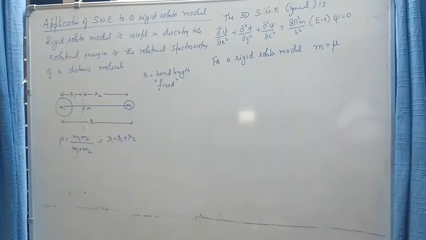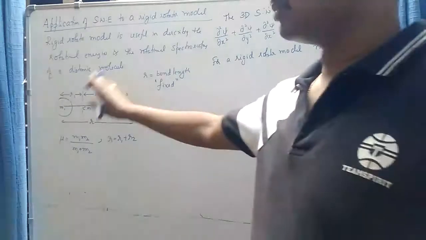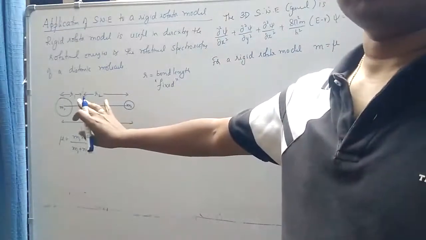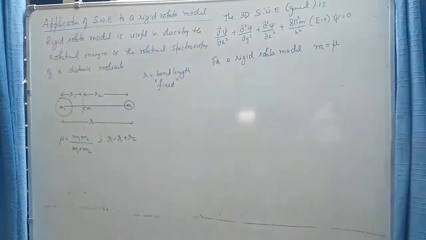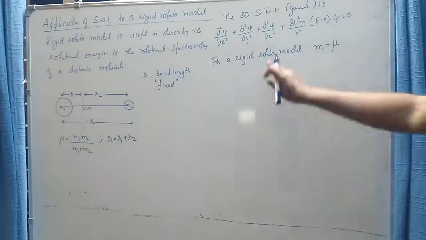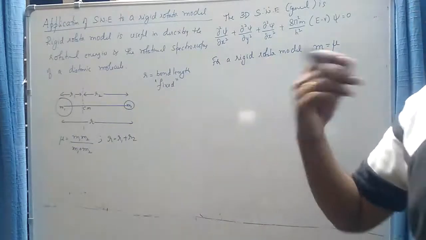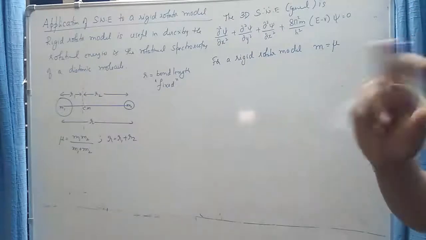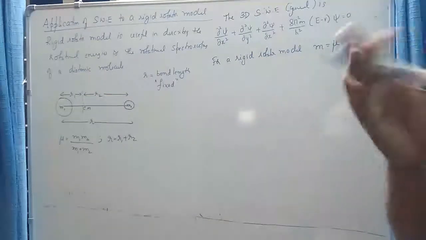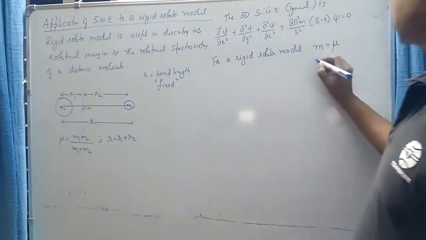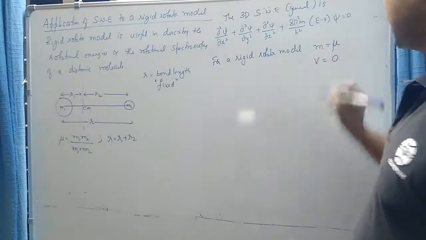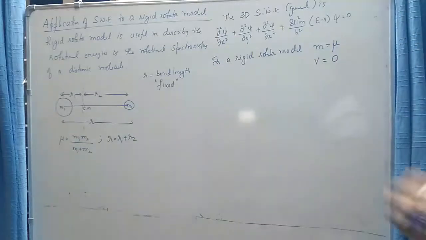I already told you in the previous video, we are replacing a two-particle problem by a single-particle problem where we have a hypothetical particle of mass mu. So for a rigid rotator model, the mass is replaced by the reduced mass, and since the rotation is free rotation, it means there is no hindrance for the rotation of the molecule, so the potential energy remains constant, and we take that constant equal to 0.